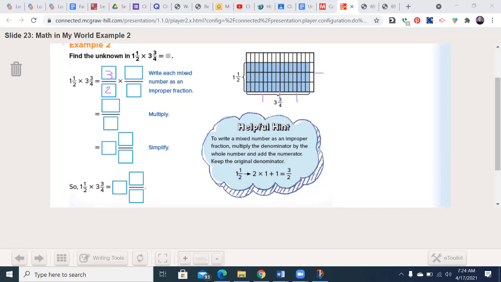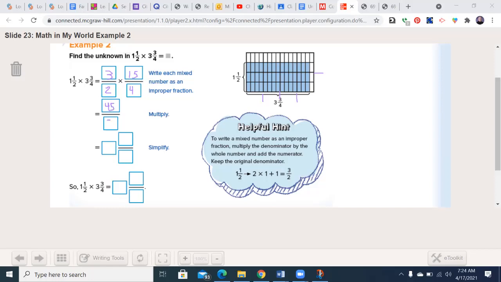Over here, if you think, well, Mr. I, there's 4, 8, 12, 15. Let's see if that matches up. 4 times 3 is 12, plus 3 is 15. So you can see how we go from those drawings to improper fractions, and we keep the bottom number, the denominator, because there's 4 in each section there. So now I multiply. 3 times 15 is 45.